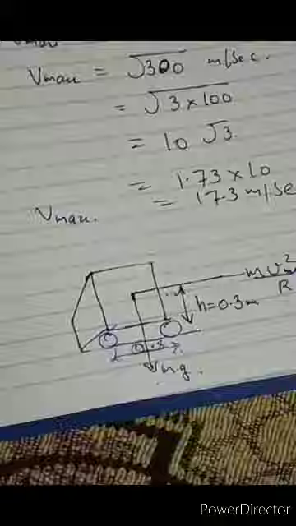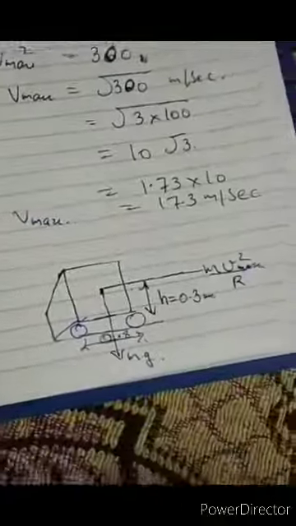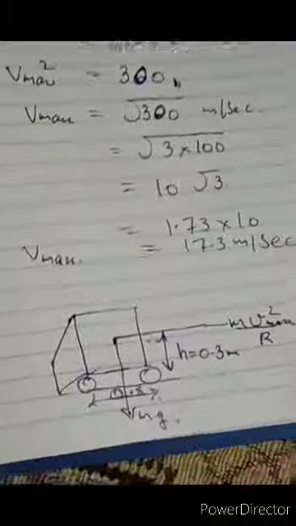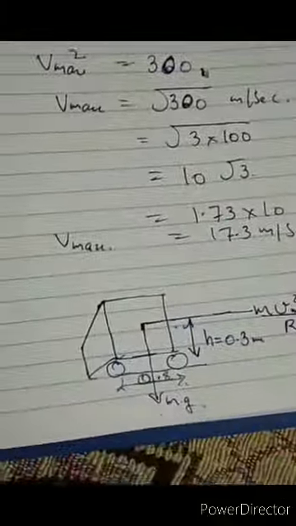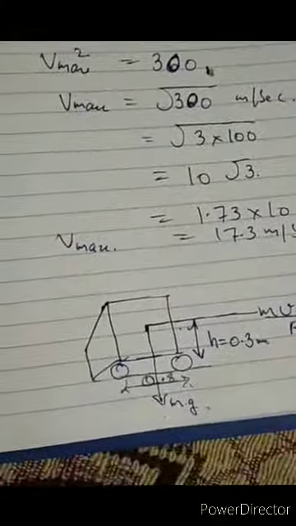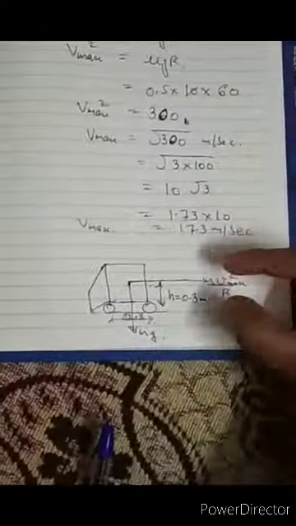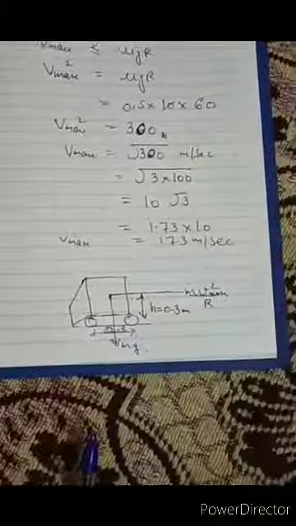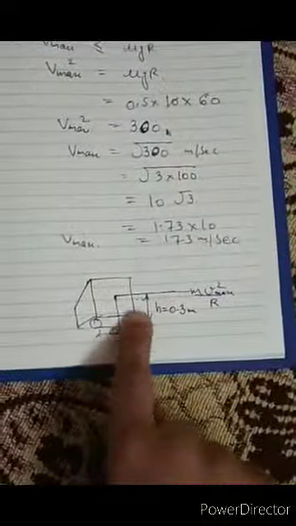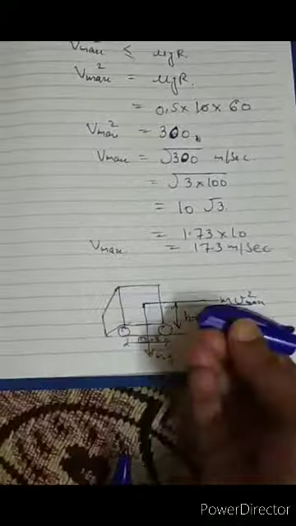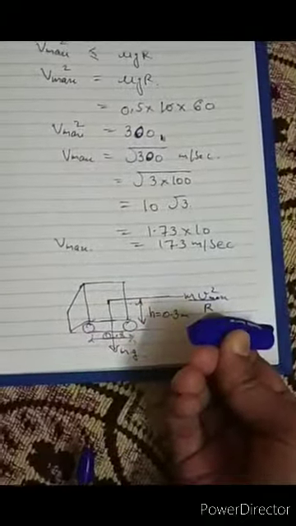So students, what you have to do, you have to apply the toppling condition, that is you have to find the maximum value of v so that the car will not topple. If this mv square by r is much greater, then you can imagine this is the pivot point of the car. This is the pivot point, and the car will topple in the mv square by r direction.